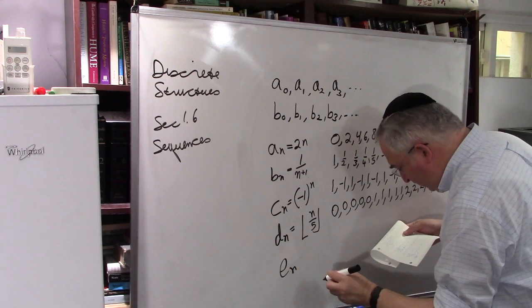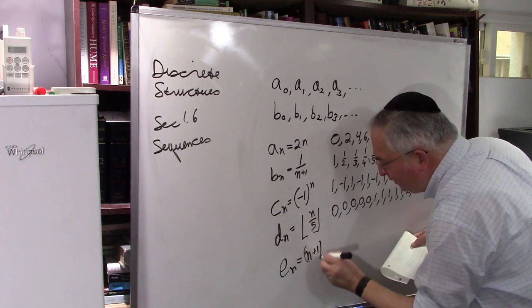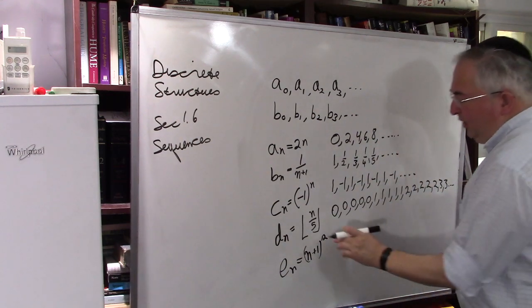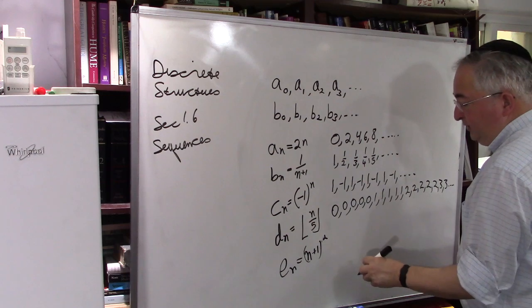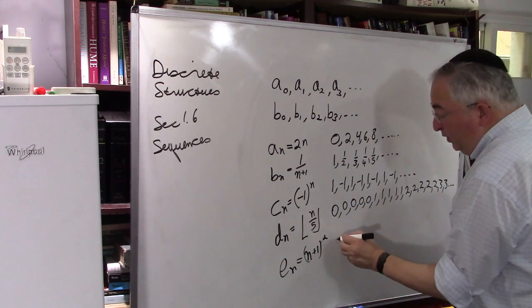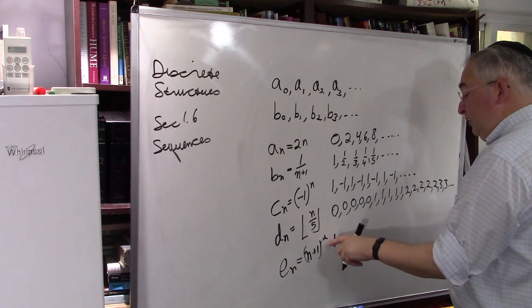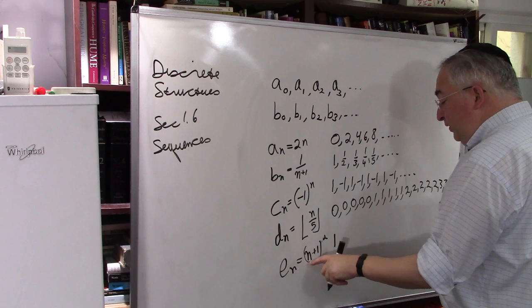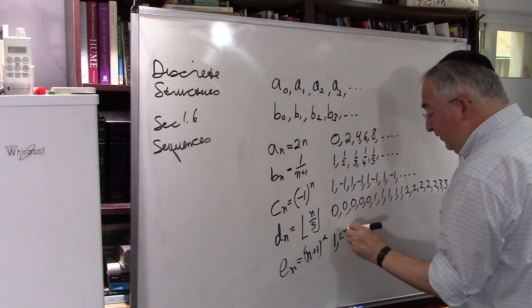Okay, let's do another one. E of n is equal to n plus 1 squared. So what do we get? N plus 1 squared. So let's plug in 0. 0 plus 1 squared is 1. If n is 1, this is going to be 1 plus 1 is 2. 2 squared is 4.